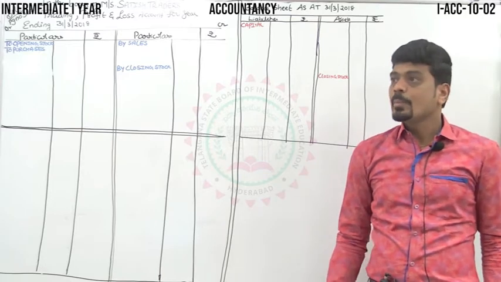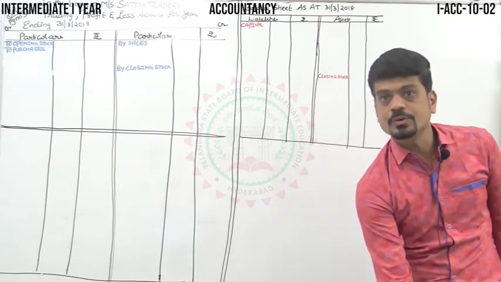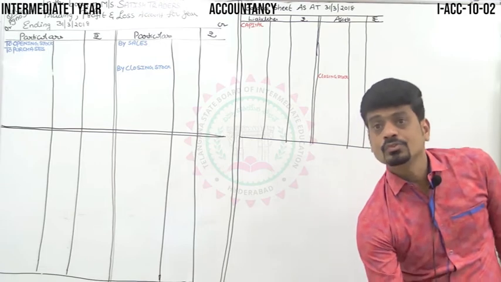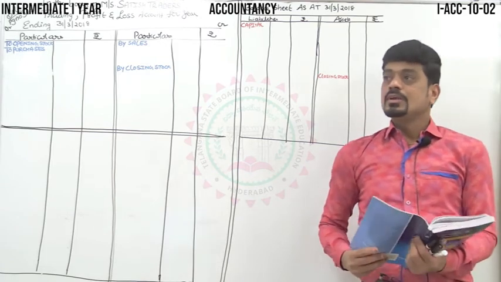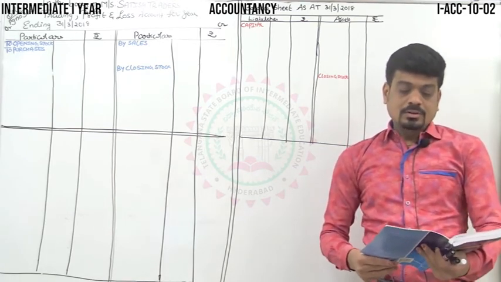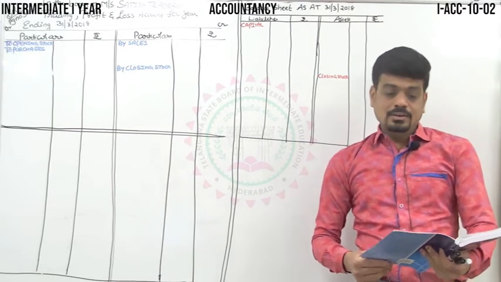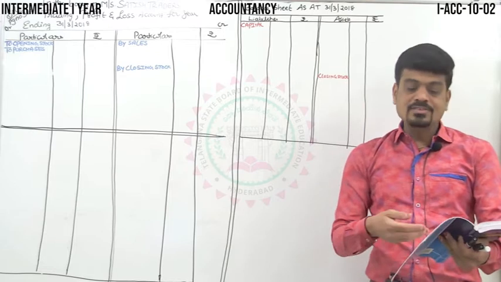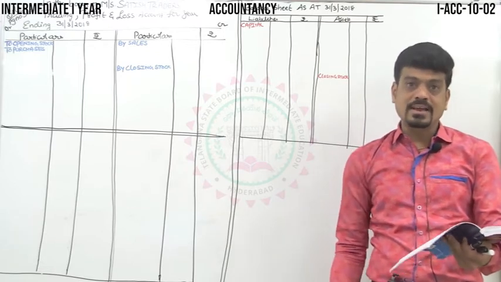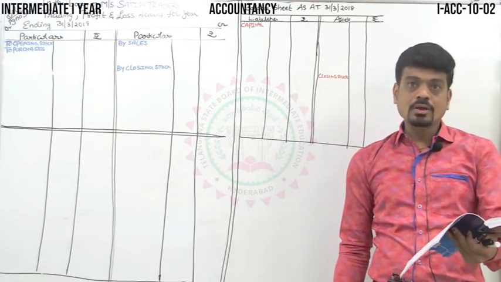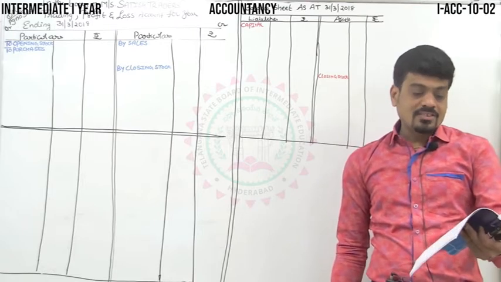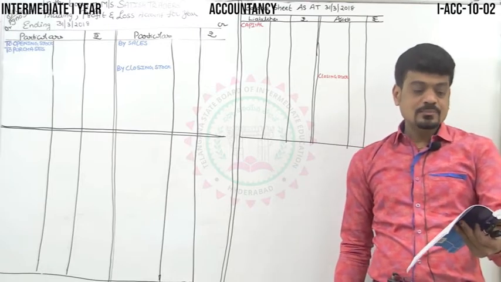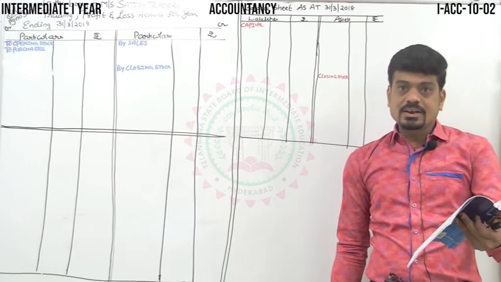I hope you all have your textbooks with you. If you see problem number 1, they gave you the trial balance. In the trial balance, debit balances and credit balances are given: opening stock, cash in hand, cash at bank, purchases, wages, returns.